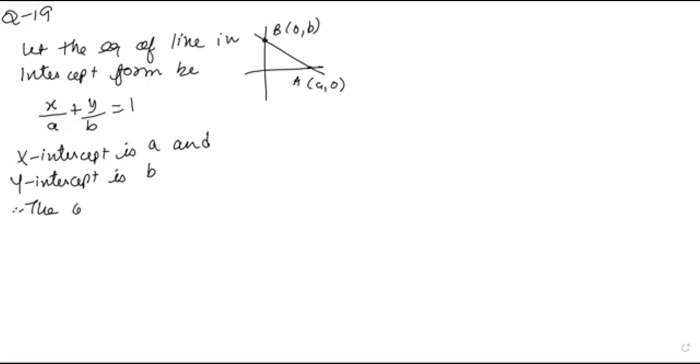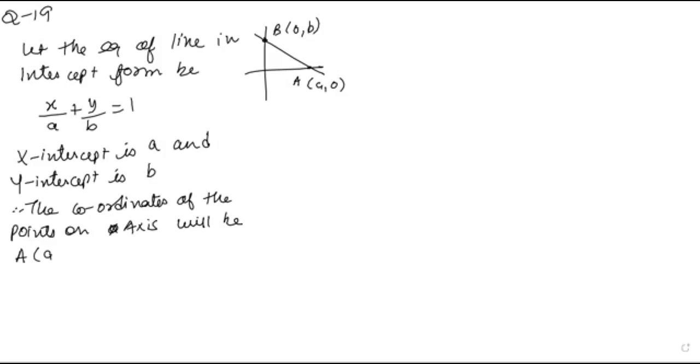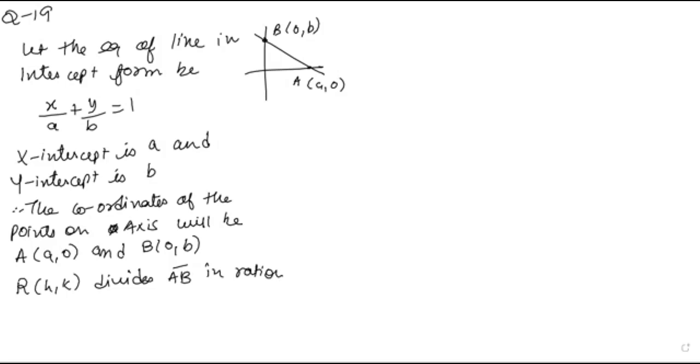Therefore, the coordinates of the points on axis will be A (a, 0) and B (0, b). Point R (h, k) divides line segment AB in ratio 1 is to 2 from A's side.